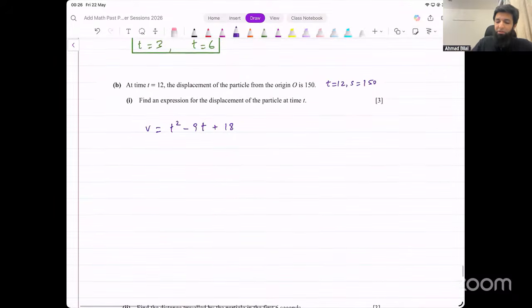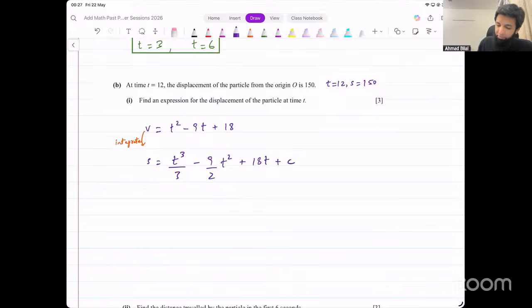What you do now is you integrate it again, and that will give you the displacement function. That becomes t cube over 3 minus 9t squared over 2 plus 18t plus c.